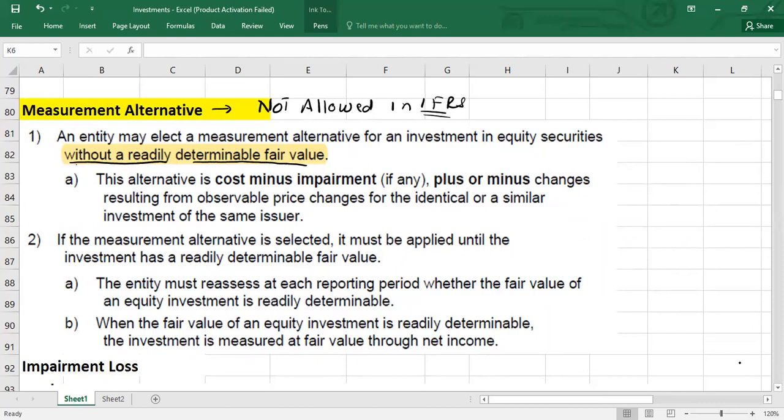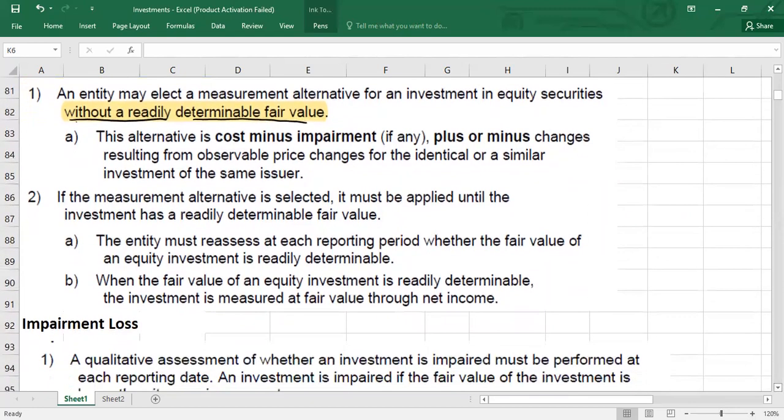Now maybe you are thinking, what is the measurement alternative? How will you record your investments in the balance sheet? You will take the measurement alternative. This is how you will record: you take the cost of investment, whatever you have paid, minus impairment if any, plus or minus any changes resulting from observable price changes. So in short, this is the format.